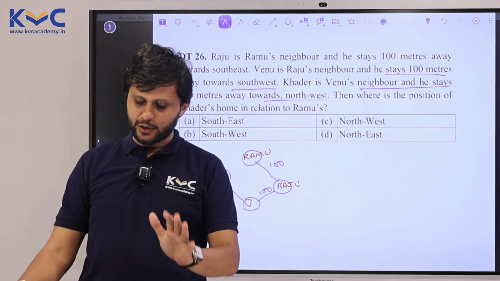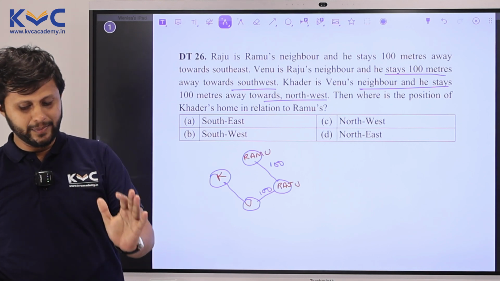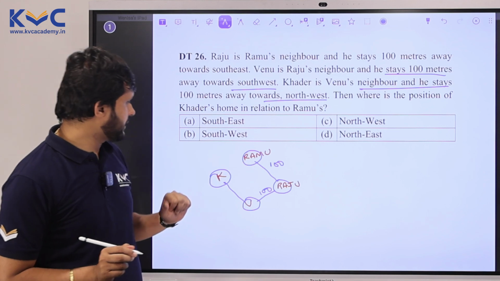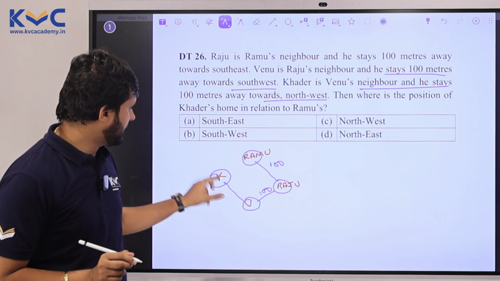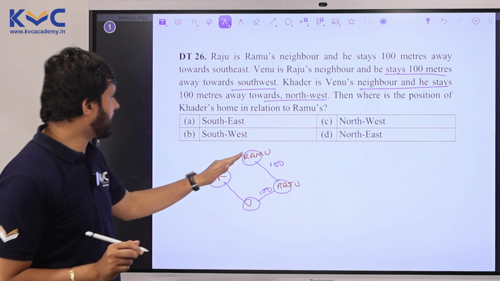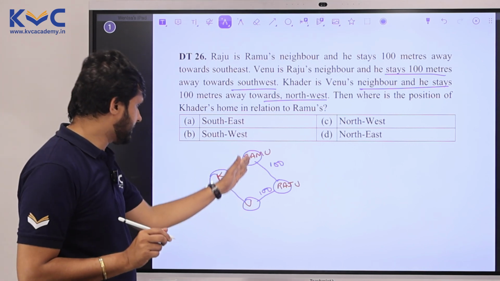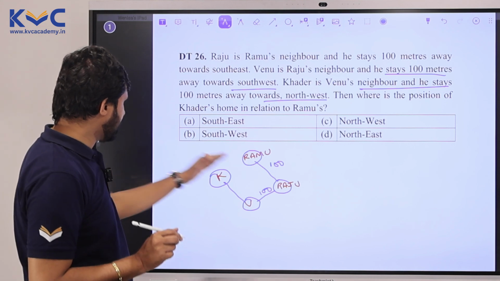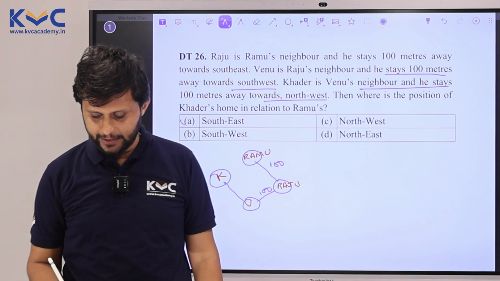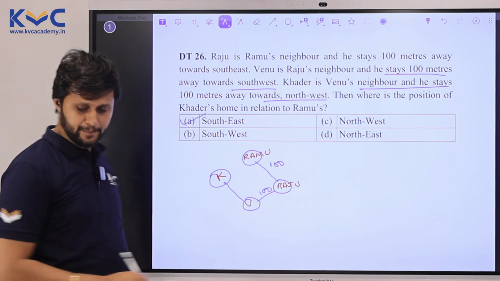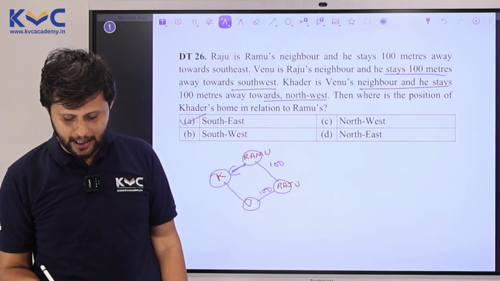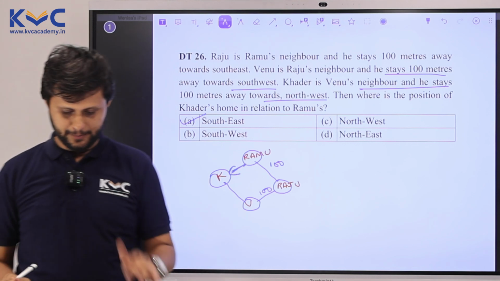Then where is the position of Kadar's home in relation to Ramu's? Ramu is here. Kadar is here. These are almost in the same line because this is 100, this is 100. From Ramu's, if you see, this is south, this is east, this is southeast. Southeast is there. Southeast is the right answer. So from Ramu's, we have to see the direction from here to here, and the answer is southeast.